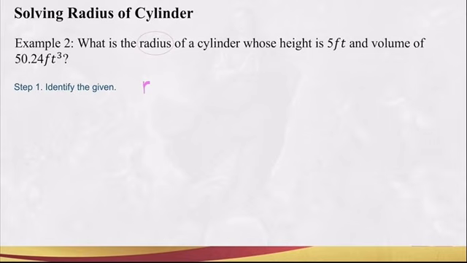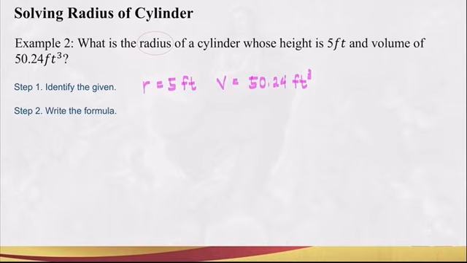Height is 5 feet. Volume is 50.24 cubic feet. Again, same formula lang din yung gagamitin natin. V is equal to pi r squared h.